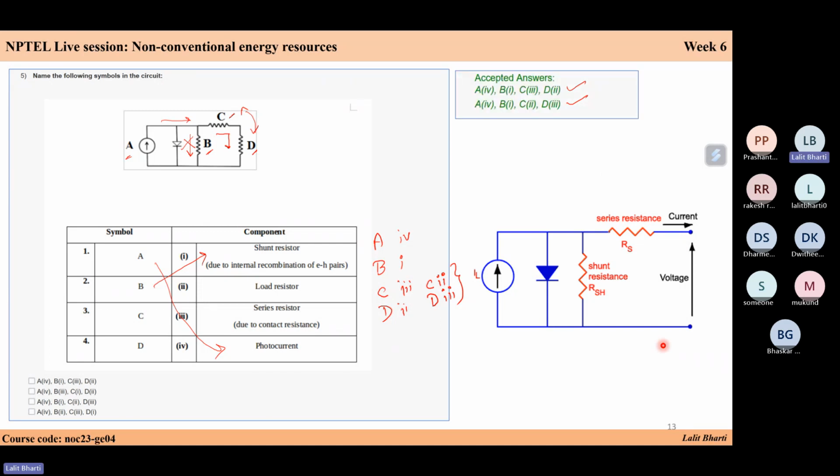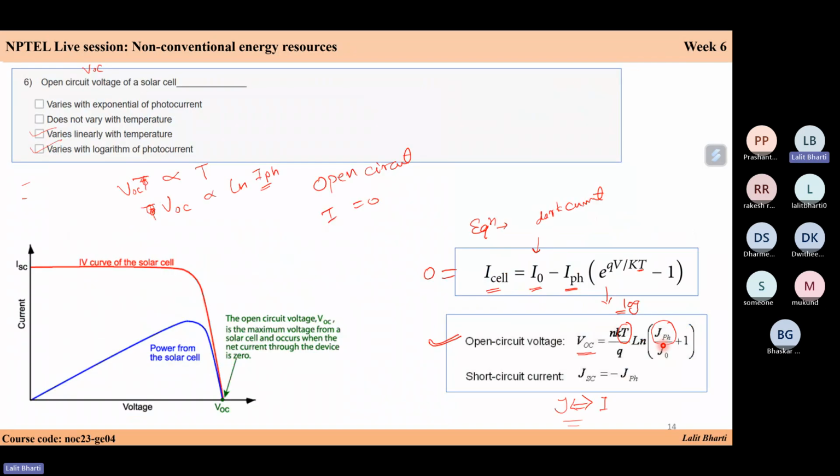Then we come to our question number 6. Question number 6 says the open circuit voltage of a solar cell, or the VOC, varies with the exponential of the photocurrent.